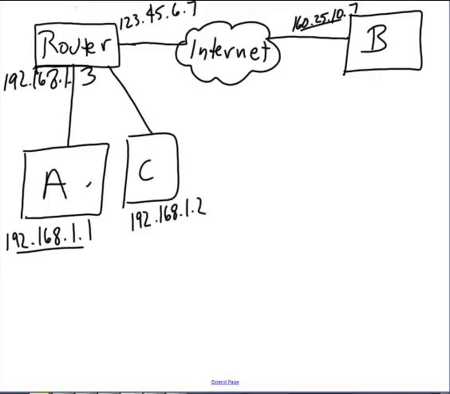It's the .3 as well. So it can speak to A, and A can speak to it, but A cannot get outside the router. So what we're going to do is apply network address translation at the router. And the easiest way to do this is to set up a grid of source and destination IPs.